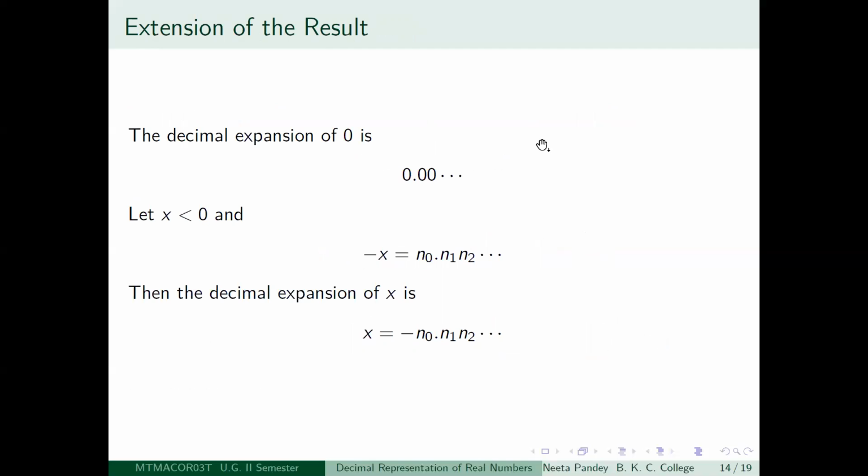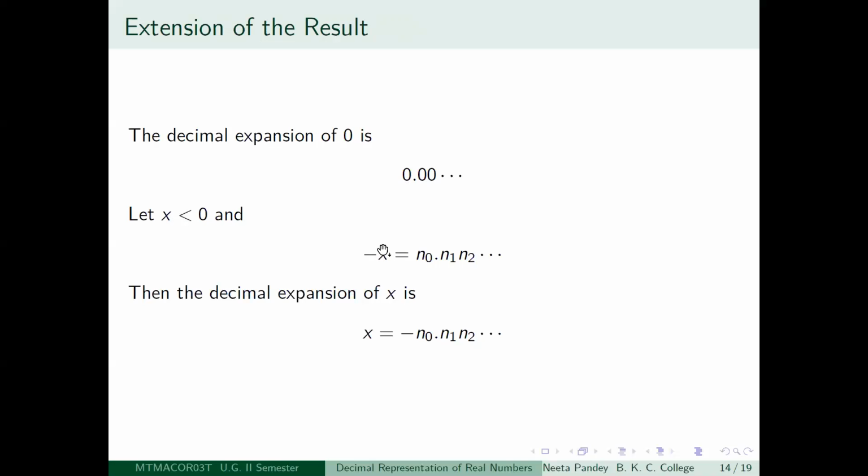even though I have been saying every point, etc., I have not bothered about 0 and negative numbers, but that extension is very clear and easy. The decimal expansion of 0 is given by 0.00, etc. And if you have a negative real number x, then look at minus x.